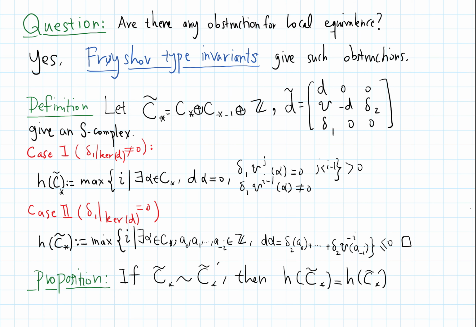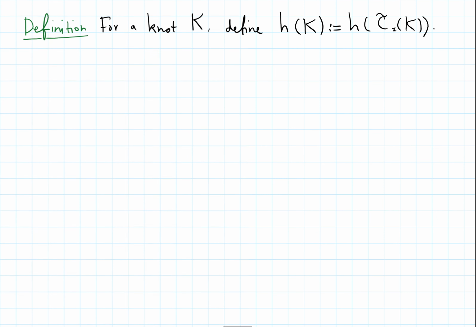Now that we learned something new about the algebra of S complexes and S morphisms, we can go back to our topological setup and see if it gives us something new. So for any knot K, we define an integer associated to K, which is h of the S complex associated to the knot K. So this h is what we defined a few seconds ago for any S complex, and then h of K is this algebraic guy.